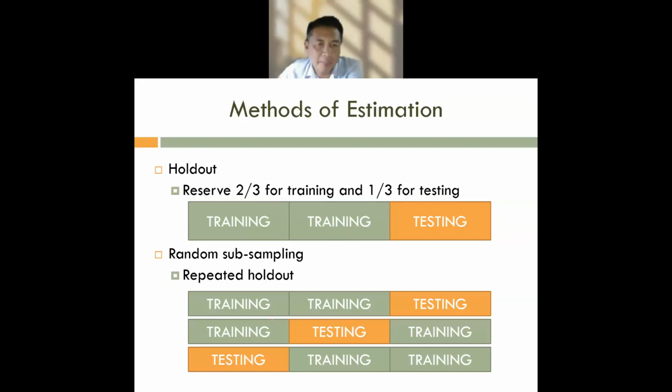We can also have random subsampling, which is similar to K-fold. In K-fold, you take one as the validation and the other two for training. So this is what we call threefold validation.